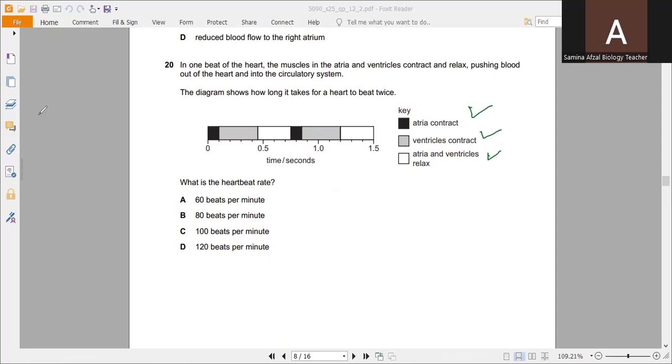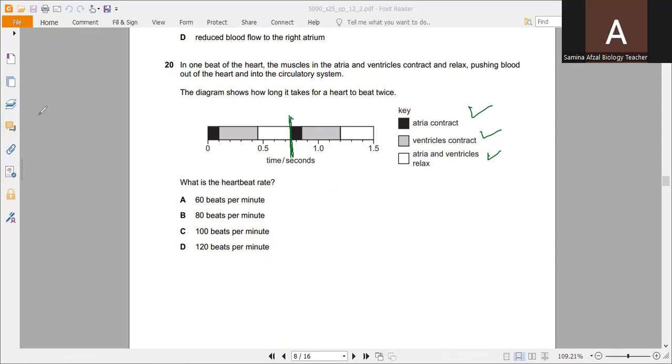We have to calculate beats per minute. First of all, we know the scale is 0.5, 1.0, 1.5, and here you can see one cycle is completed.